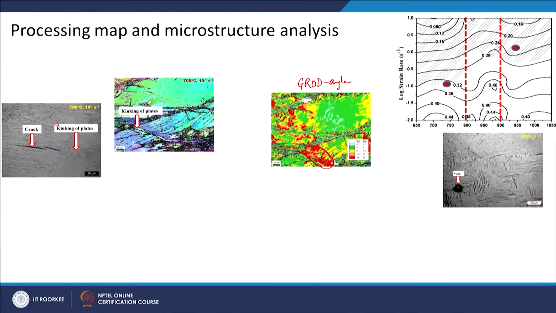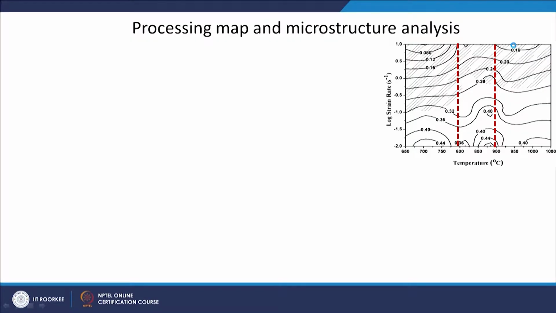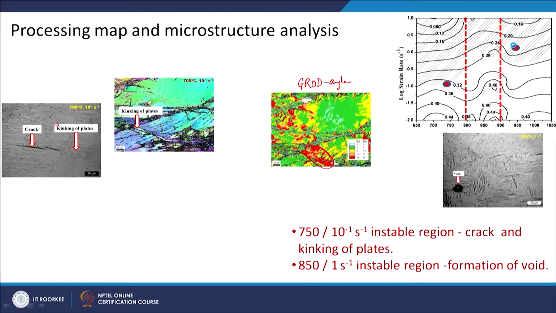Then there are some more defects, for example, void formation at a higher temperature. We could see that these are the unstable regions, 750, 10 to the power minus 1, and 851, and there are some defects present in those conditions also.